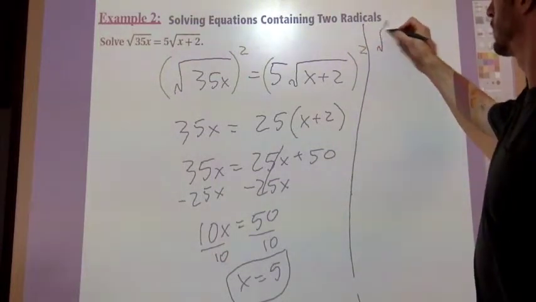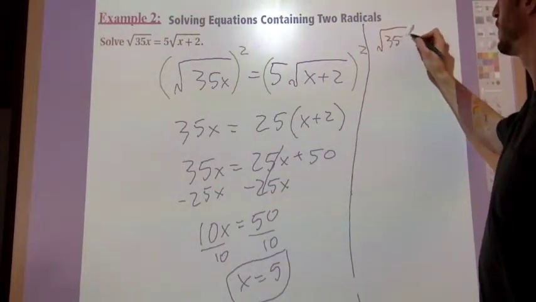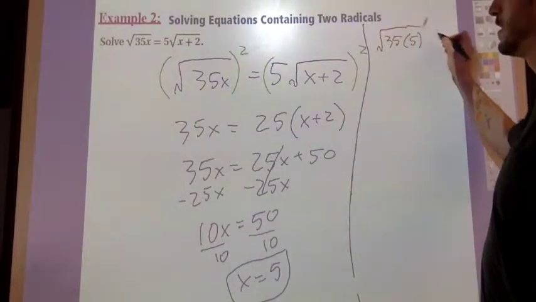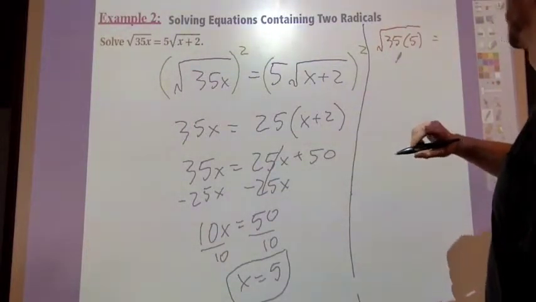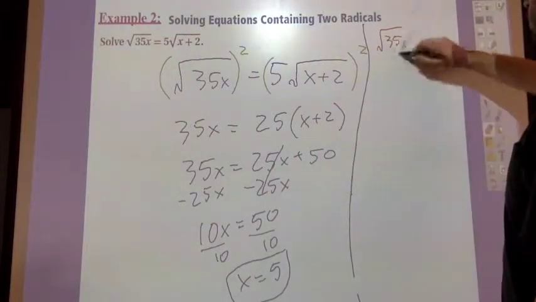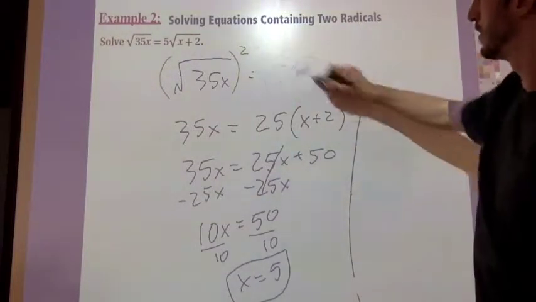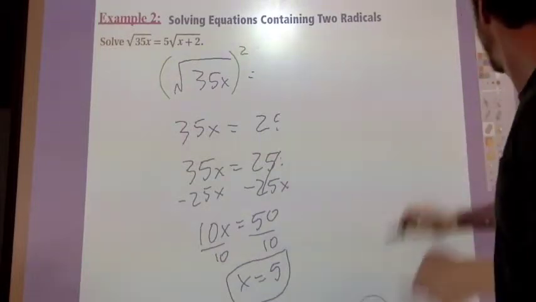And we've got the square root of 35 times 5 equals, looks like I don't have enough room. Okay. I'm going to make a mess of this. If you need it, you can pause it and go back.